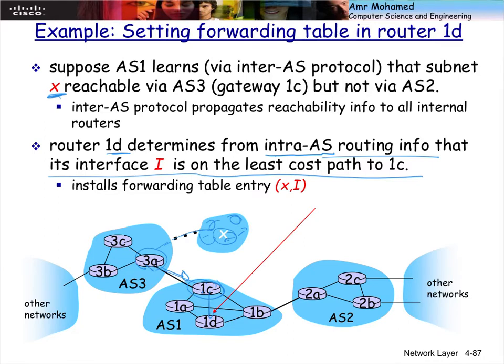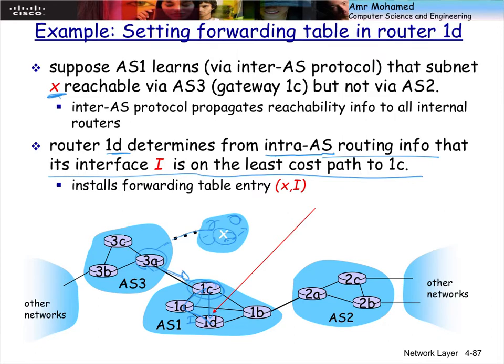But it knows that it needs to reach X through the exterior gateway routing protocol, the border gateway routing protocol, and it needs to send to 1C in order to reach X. So again, it uses this interface, interface I, as the next hop to reach 1C. Okay.